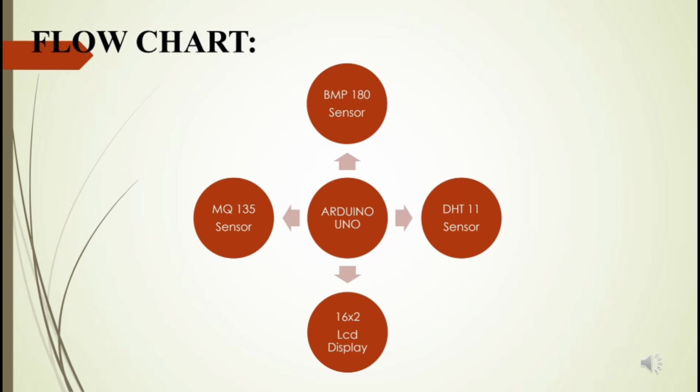And also we have an LDR which is used to measure the light intensity. With the help of the light intensity, we can determine the weather as dark, cloudy or sunny. The data provided from the sensors is processed through the Arduino, and the output of the Arduino is coded such that it is displayed on the LCD display.